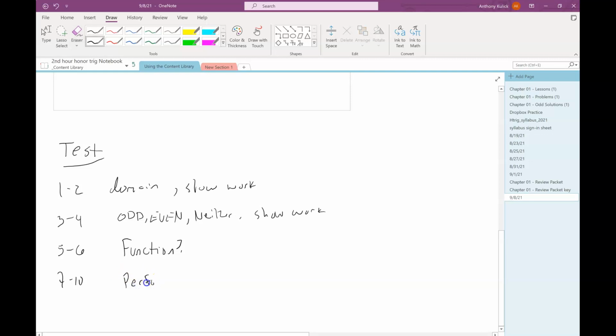Four questions where I'll give you some functions and ask you to perform the operation, whether it's addition, subtraction, multiplication, division, or composition.